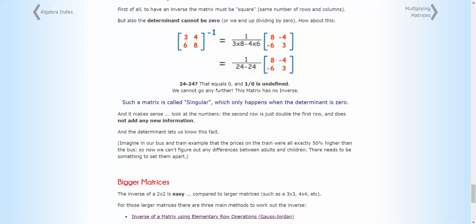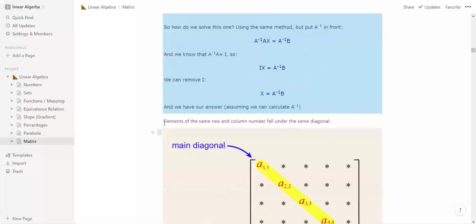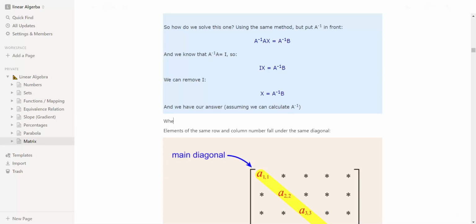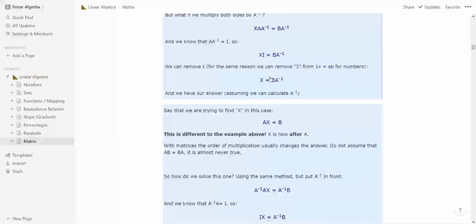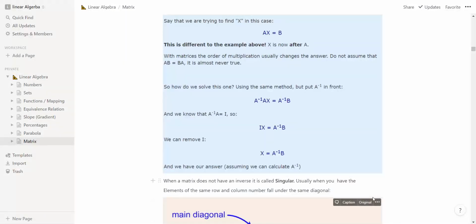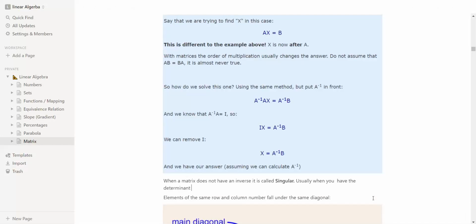It's called singular. Which is undefined.